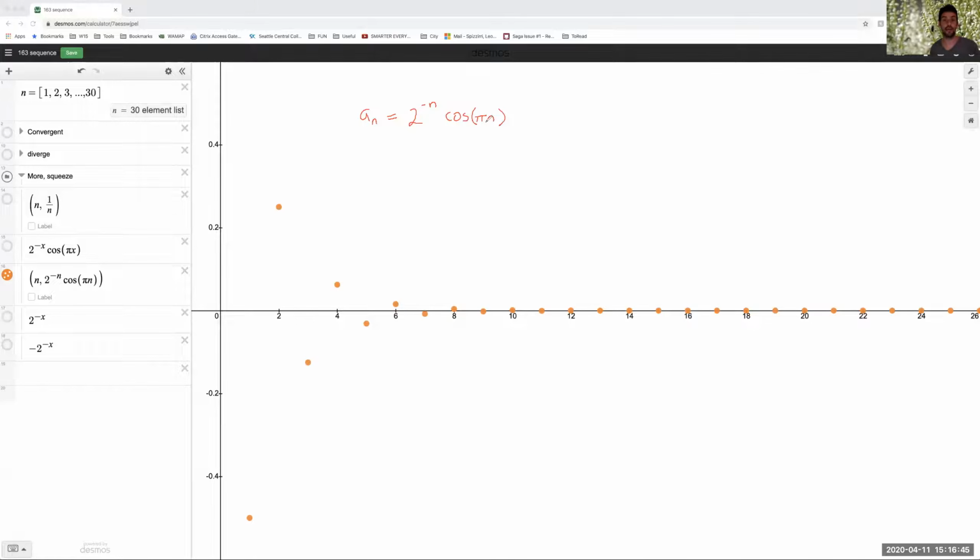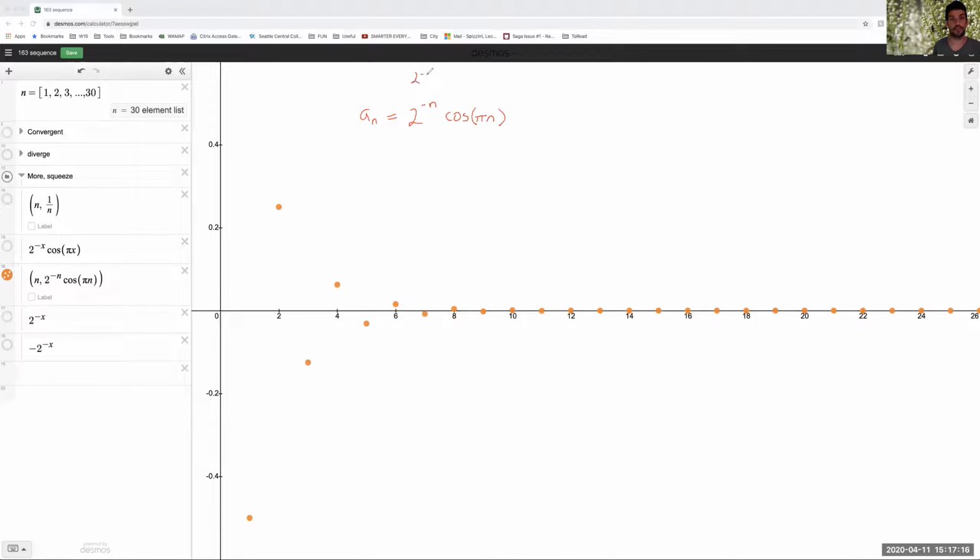Okay. Well, if we do a little thinking about this, cosine of pi n, when n is 1, it's the cosine of pi, which is -1. When it's 2 pi, cosine is 1. When it's 3 pi, cosine is -1. 4 pi is 1. So this cosine part is just switching back and forth between -1 and 1. That's all this guy's doing here. So what we're really looking at is a sequence that's trapped between two other sequences.